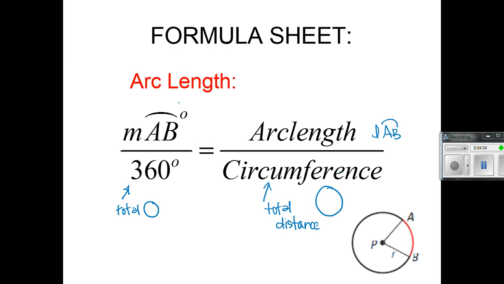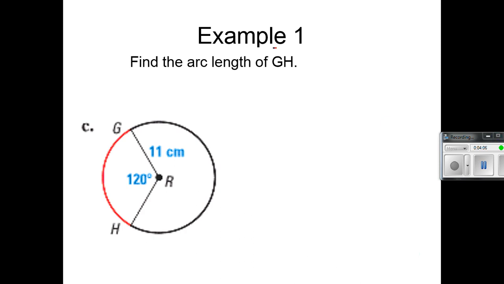All right, so let's go ahead and do example 1. Find the arc length of GH. So I want the length, okay? Let's use the formula. Remember, that's the measure of AB over 360 is equal to arc length over circumference.